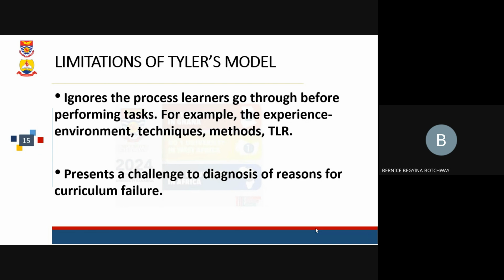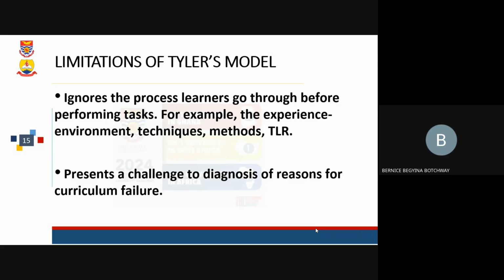Does it mean that the students did not learn? They didn't have an air fryer over there. They didn't have a halogen to have that experience. So with Tyler's model, he will say, oh, we didn't achieve our goal, so let's stop the curriculum we are using.